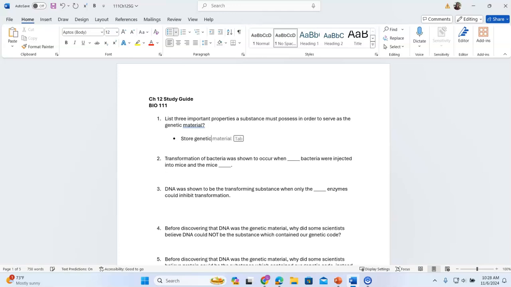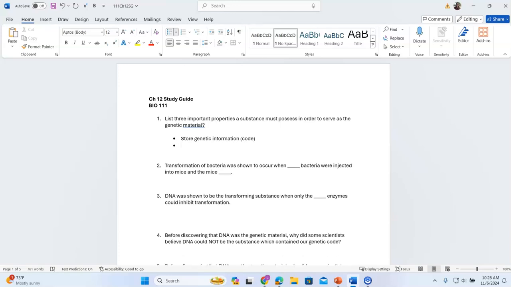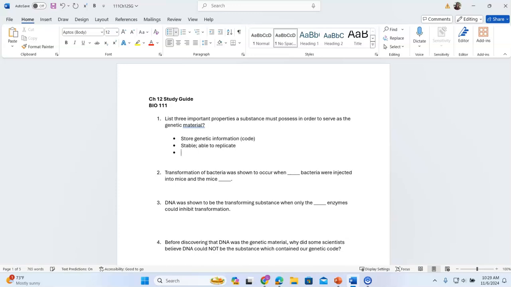store genetic information, I guess you could say, in the form of our genetic code. And also it has to be a stable molecule and able to replicate accurately. And then what was the other one? Gosh, I can't think of it. Let's just look it up.